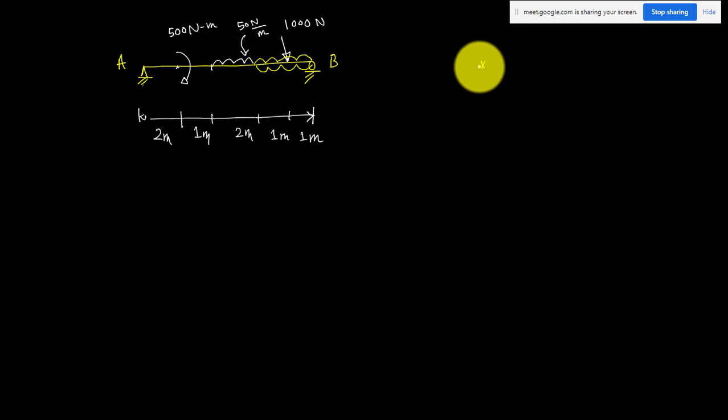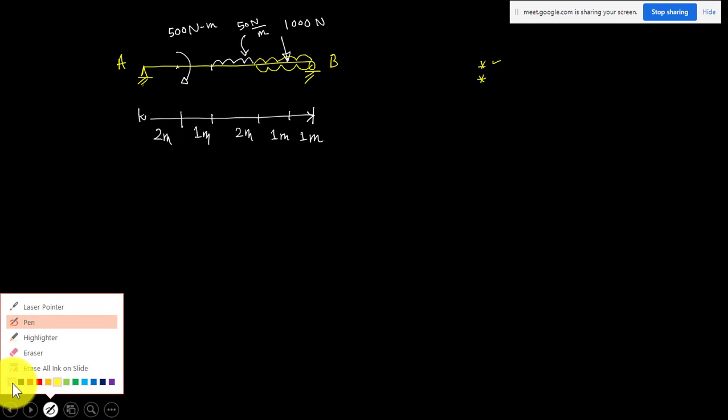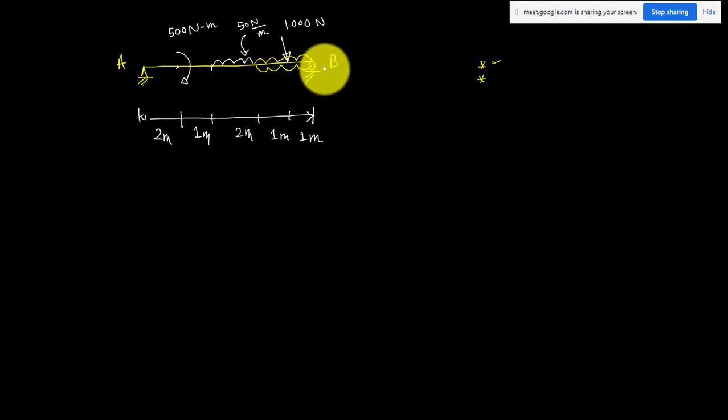So that is the first step, and the second one is we are going to write a moment equation. We are not going to write it piecewise, getting a different moment equation for each segment. Instead, I can write a single moment equation that will be valid for the entire span of your beam.